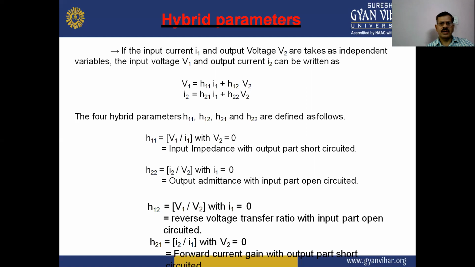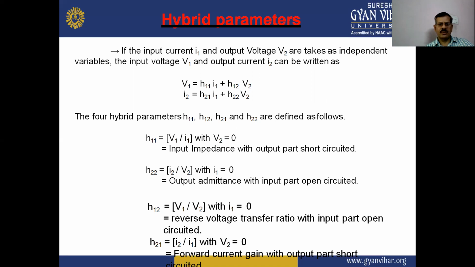The input voltage V1 and output current I2 can be written by these equations: V1 equal to H11 I1 plus H12 V2, and I2 equal to H21 I1 plus H22 V2. The four hybrid parameters H11, H12, H21 and H22 are defined as follows.